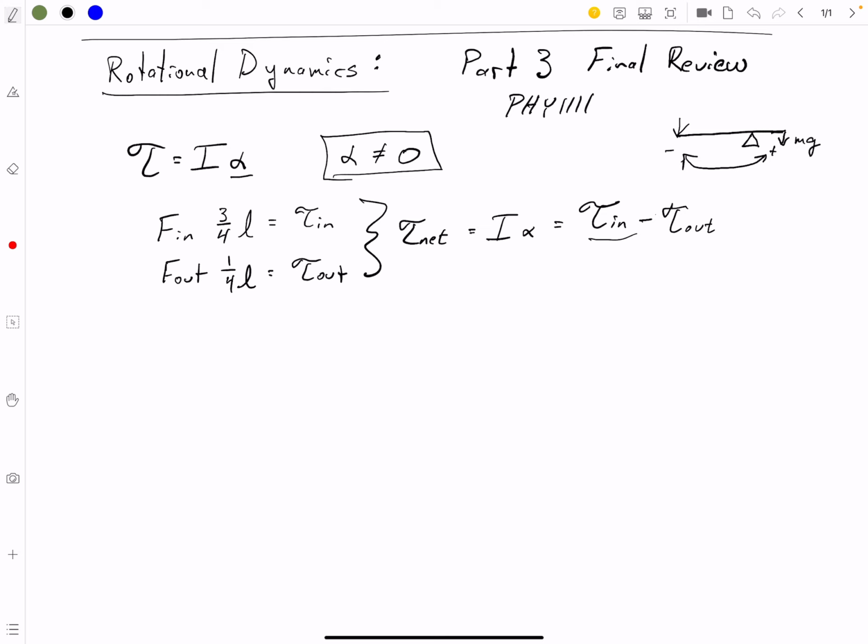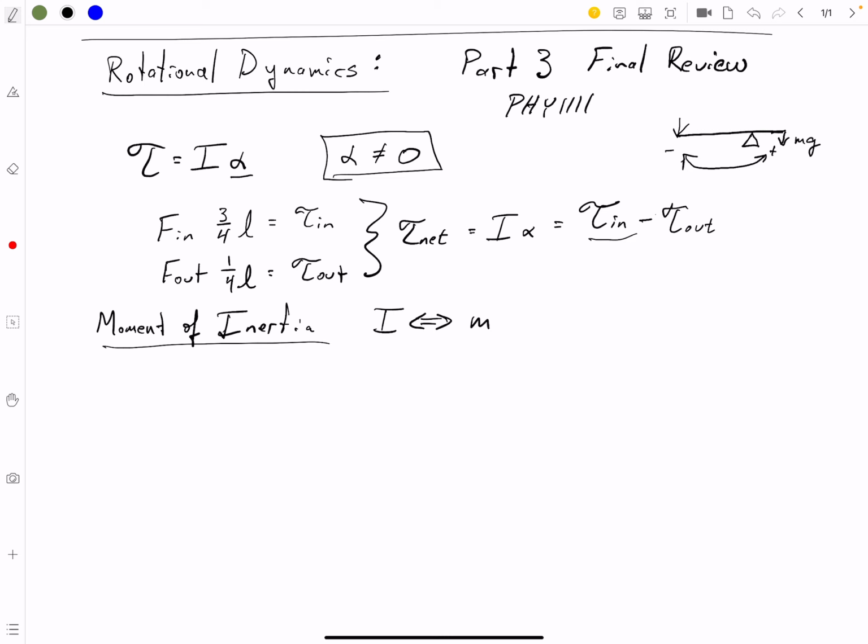Moments of inertia. I'm going to say it again. Moment of inertia. That's the analog to mass.